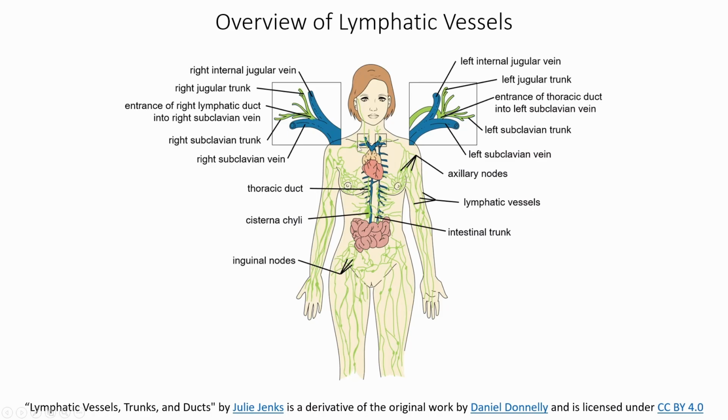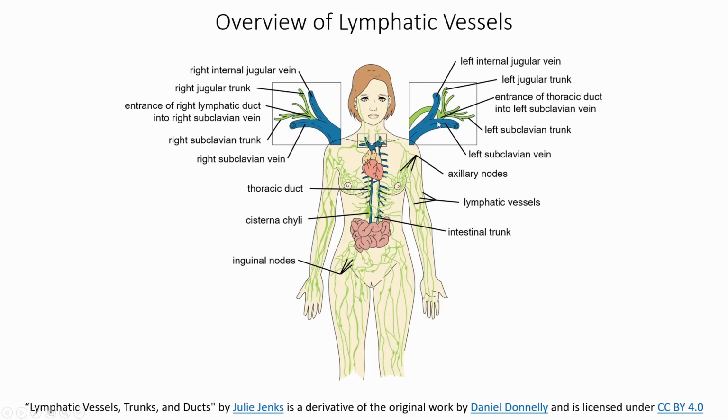But if we look at where, as we come up, we connect back to the bloodstream, so we can dump this fluid back into the bloodstream, right? When we look at the subclavian veins, right and left, I'm going to go on the right first. We see the right lymphatic duct, the right subclavian trunk, the right jugular trunk. So the right subclavian trunk and the right jugular trunk lead into the right lymphatic duct, which goes right into that right subclavian vein.